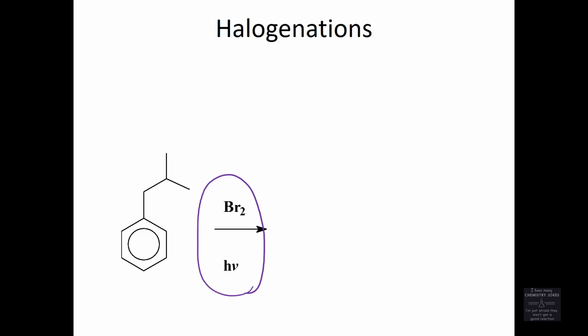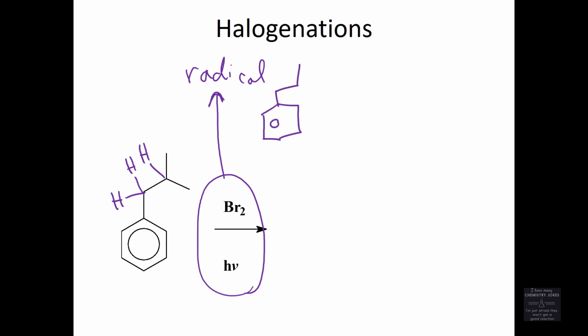Br2 and light, what kind of reactive intermediate does that go through? It goes through a radical intermediate, and the most stable radical will be made from abstracting a hydrogen from the benzylic position. You get a benzylic radical, and then the bromine gets added in place of that benzylic radical.